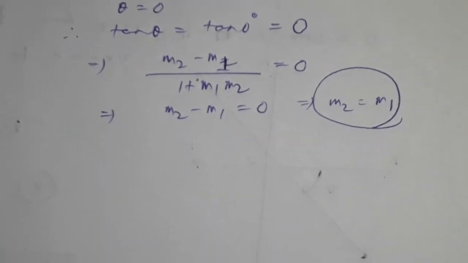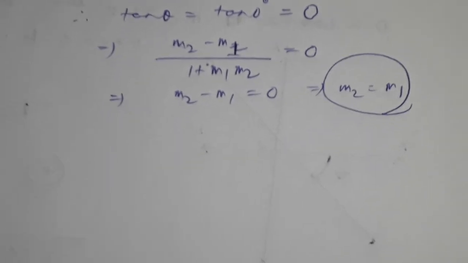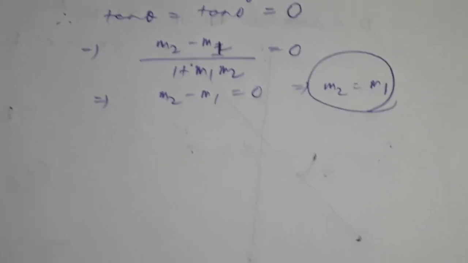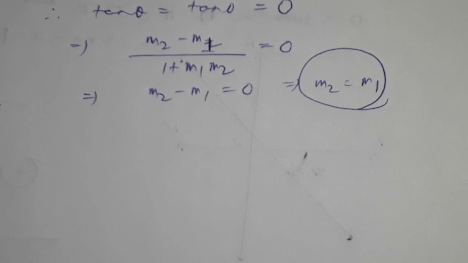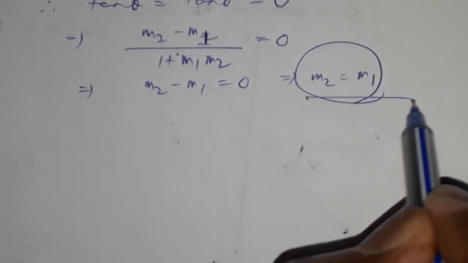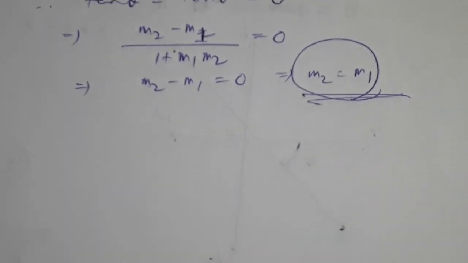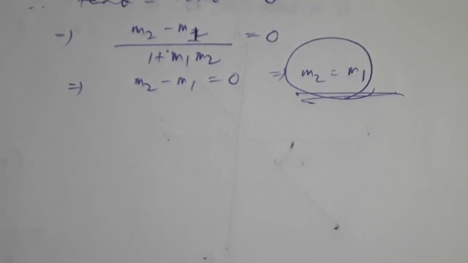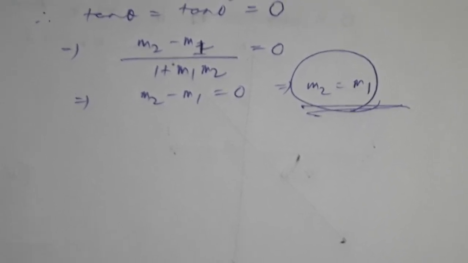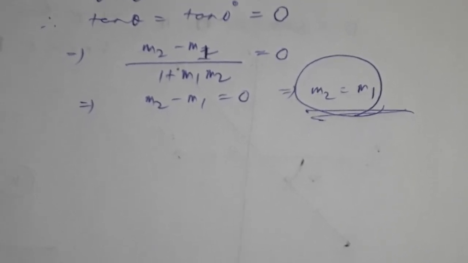Thus, if two lines are parallel, then their slopes are equal.